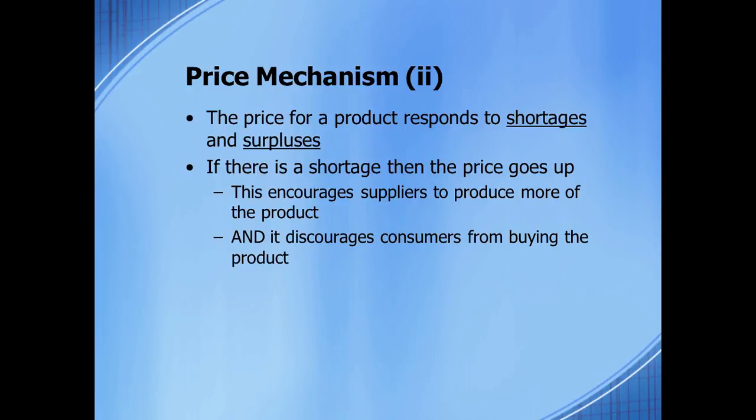And it may encourage other people to go out and catch more on subsequent days. However, this does act to discourage people from buying that type of product, because with only 5 boxes of fish or 5 mobiles, they may want to buy something else. So with the shortage, the price for this product rises.